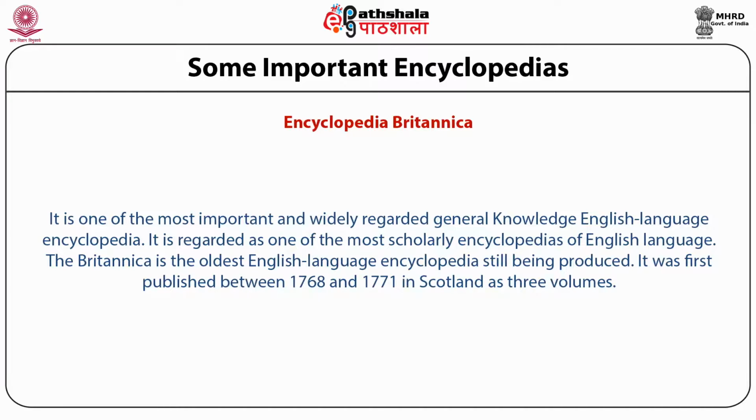It was first published between 1768 and 1771 in Scotland in 3 volumes. Currently, it is being published in 33 volumes, but in a recent development, the Encyclopedia Britannica is no longer available in print format. Now it is available only in electronic format through the website of the Britannica.